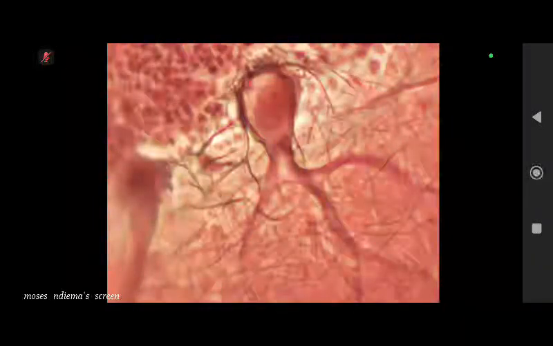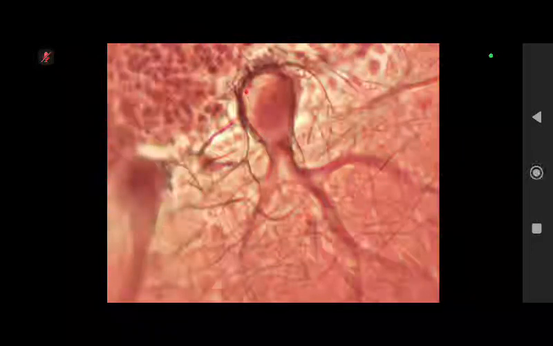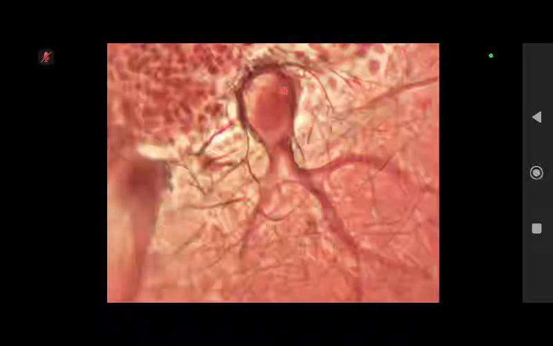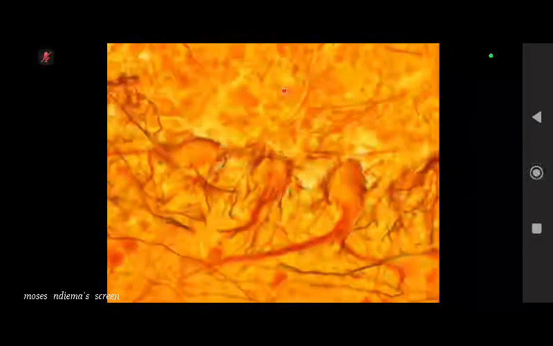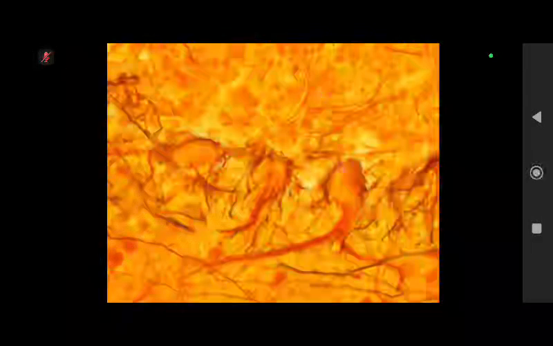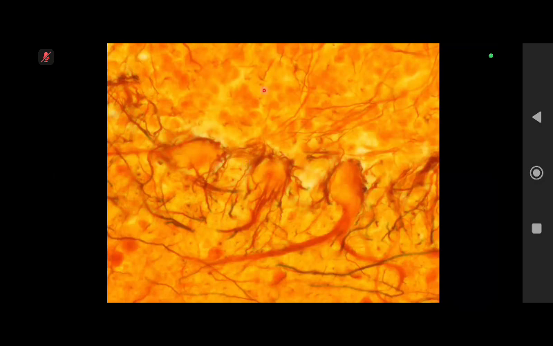That's why it's called basket cell, because the endings form something like a basket, almost like the nest of a bird, in which the cell body of the Purkinje can be representing the egg. Again, a similar structure: basket cells, you can see very clearly here, and then the granule cells and dendrites of Purkinje.